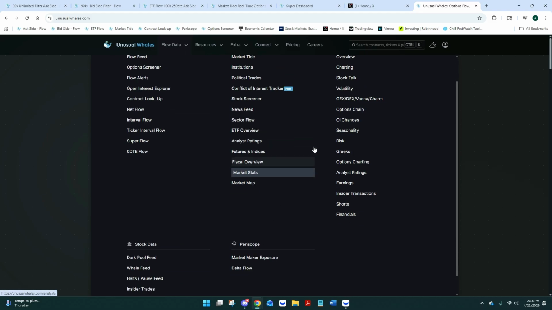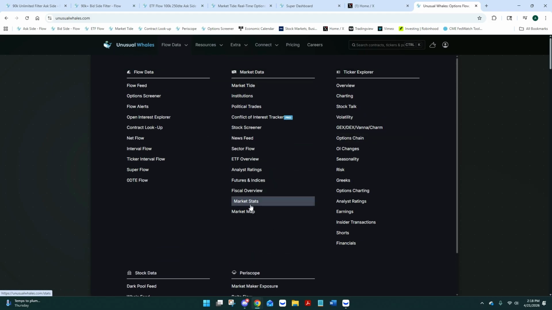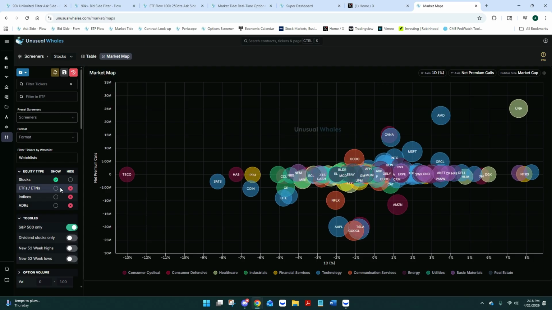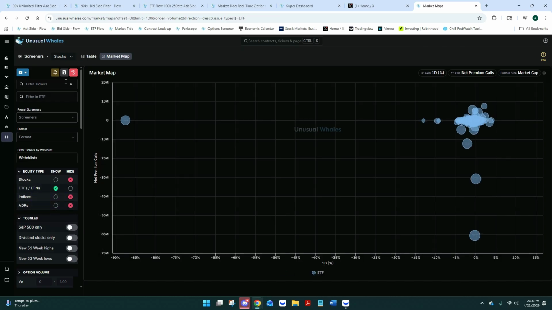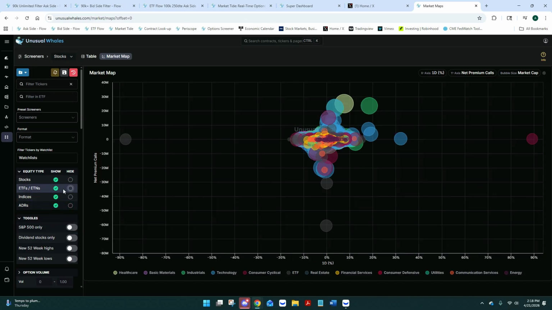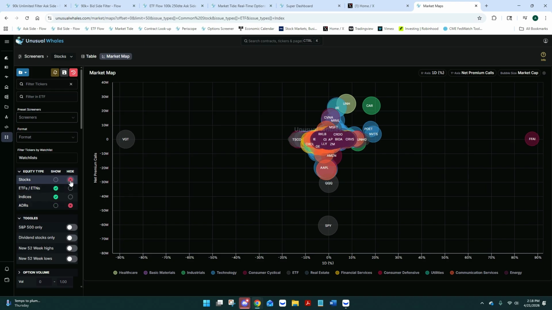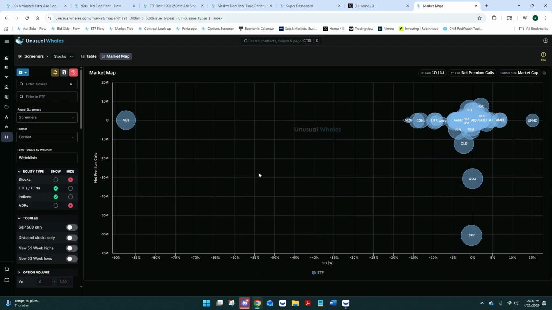Market map. They moved everything around, so here we go. I'm just going to do an ETF one here. I should probably do it correctly. All right, I've got to take this off. Okay, we'll do it like this. So net premium here, like GLD.